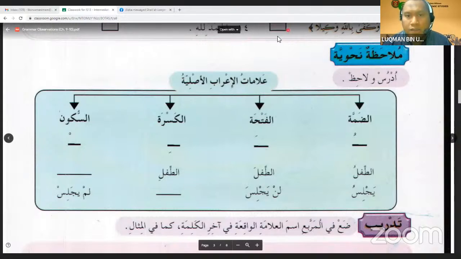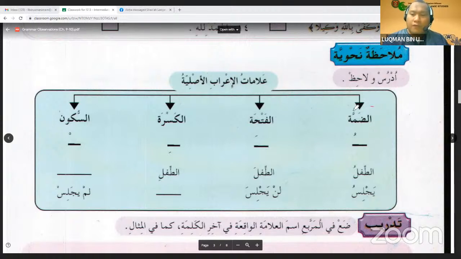So these are the signs, the marks, the default or the original ending marks or signs. So Arab. Asliya means original or default. The original or the default ending marks or signs.